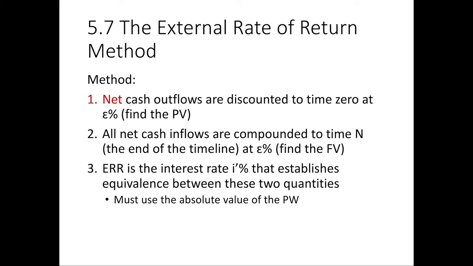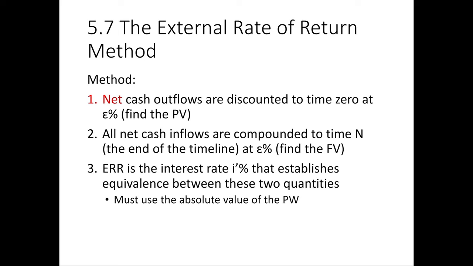Because you're reinvesting all the money in another project with epsilon percent as your interest rate. Okay? And the second step is you want to convert all the net cash inflows to a future time with the epsilon percent, which means all the receipts you get from the project, you're going to reinvest to a future time in this external project.